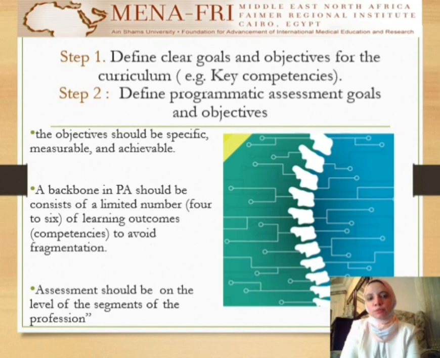The second step would be defining the programmatic assessment goals. You should define what you need to get from the programmatic assessment, what you need your graduate to be fulfilled in. So you all know that objectives should be specific, measurable, and achievable, but we have to concentrate on that. In programmatic assessment, we need a limited number of cornerstones or backbones to avoid the fragmentation of the programmatic assessment.